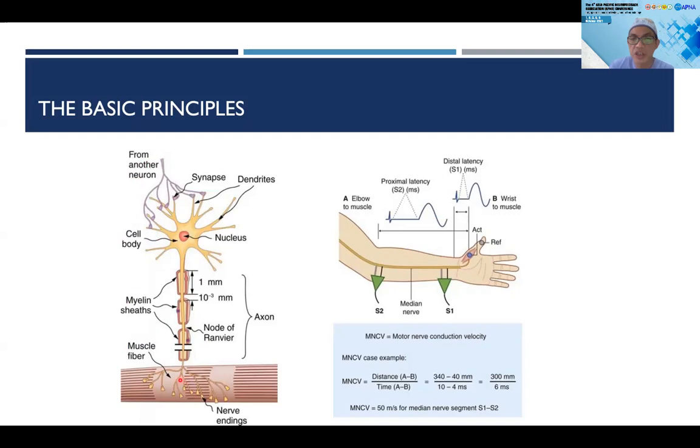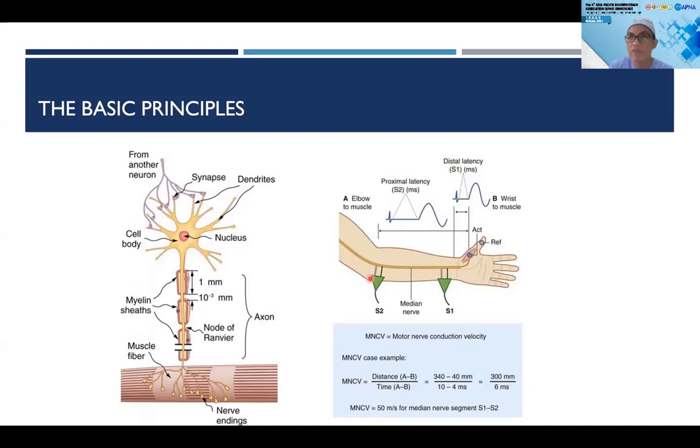So if we have a recording site here and we give a stimulus between this site and the recording site, we will obtain the motor unit action potential. The time between our stimulus and the appearance of the action potential, we call it latency. Latency is commonly measured in milliseconds.